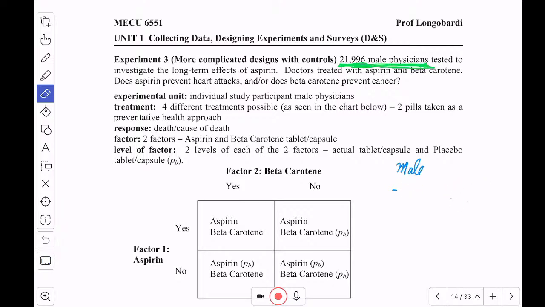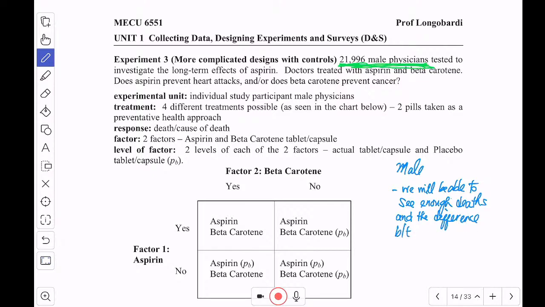But what I'm going to say, the most important thing is that we will be able to see enough deaths and the difference between treatment, this stands for treatment, and control group in a shorter time period than if we used the general, males and females, the population.